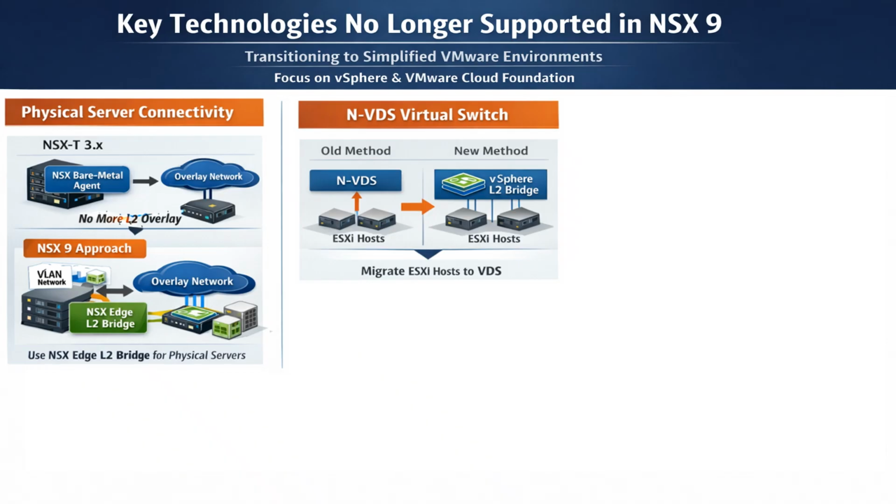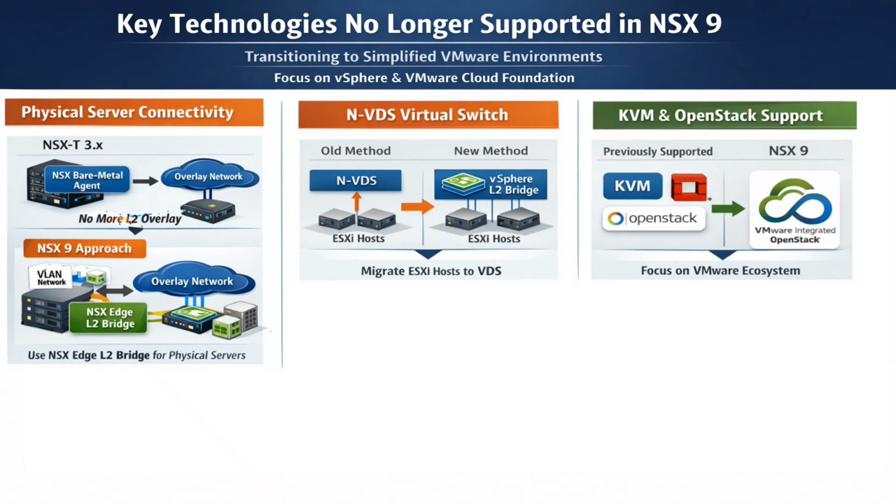Another important change is related to KVM Hypervisor and OpenStack. Originally, NSX-T supported multiple hypervisors, including KVM, and could integrate with third-party OpenStack environments. But this strategy has been changed in NSX 9, so it no longer supports KVM Hypervisor or third-party OpenStack distributions. The only supported OpenStack option is VMware Integrated OpenStack.